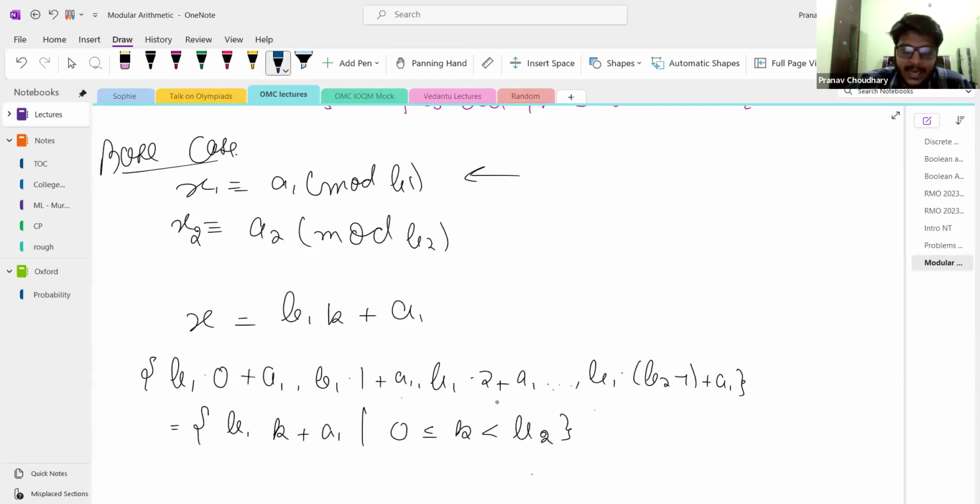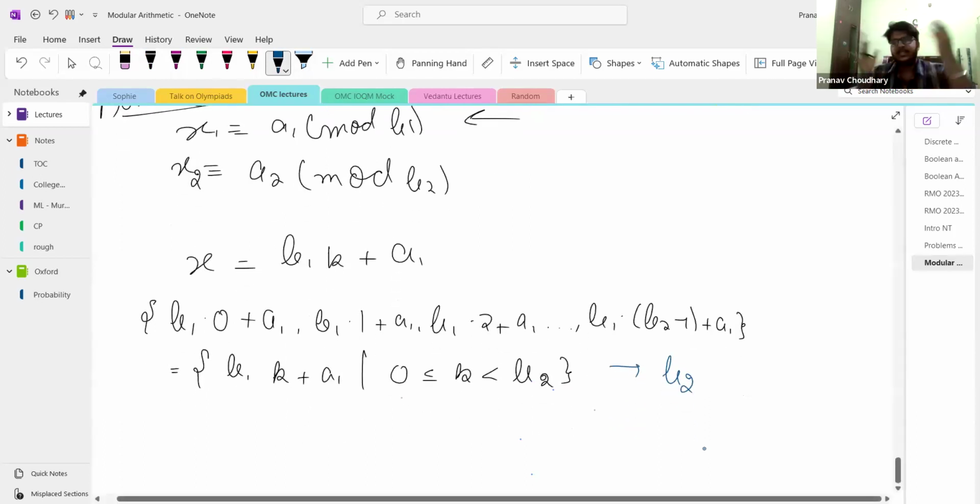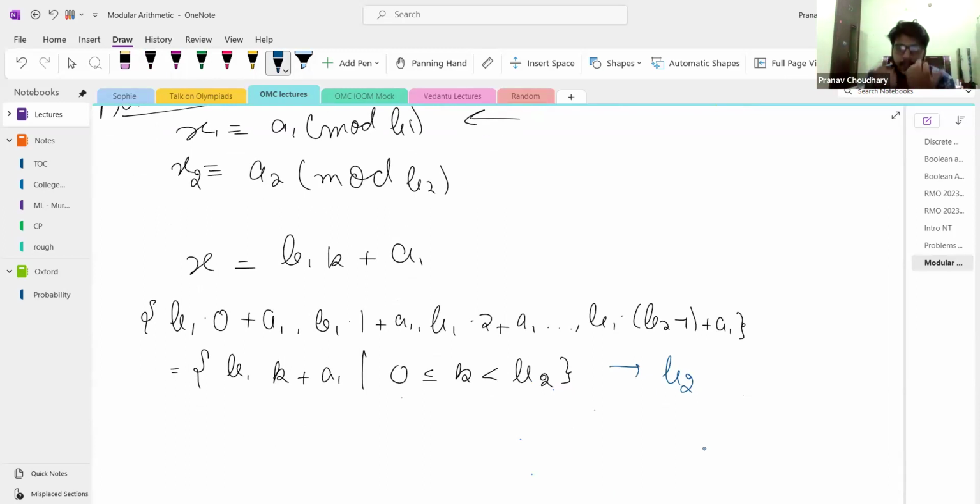The cardinality of this set is exactly b2, right? So this is what I would hope for. This is called wishful thinking: you wish that one of these elements will give you the remainder a2.